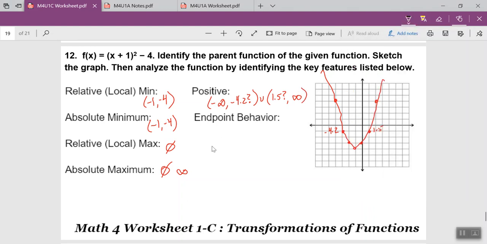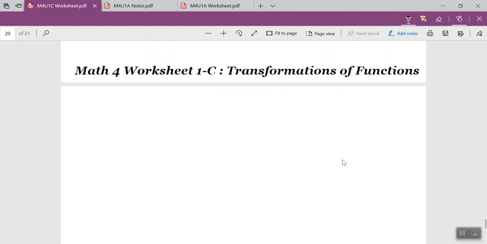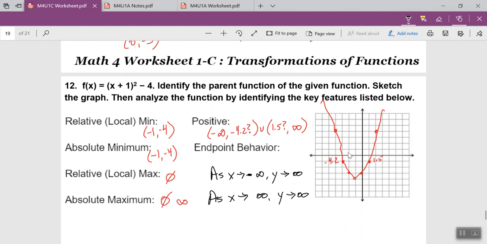And then the endpoint behaviors: as x approaches -infinity, y is going up, and as x is approaching +infinity, y is still going up. Okay, and that is it for worksheet 1-C.